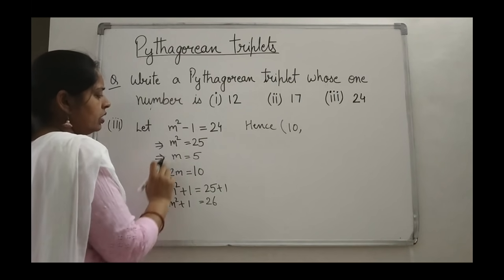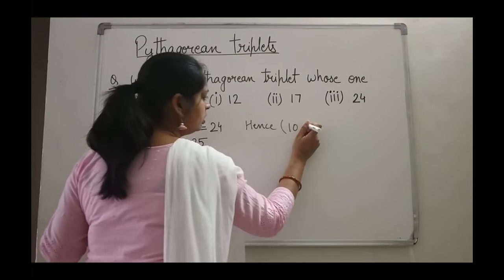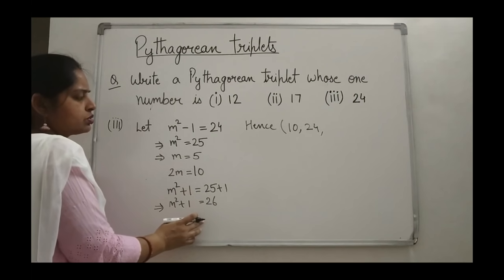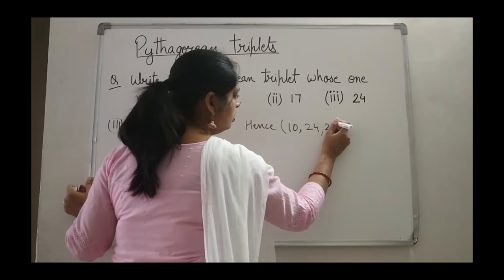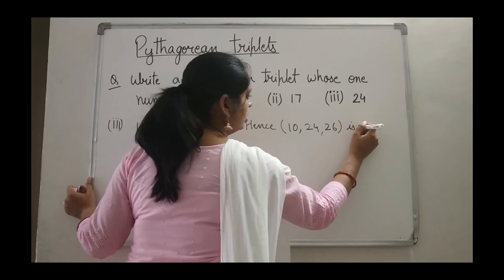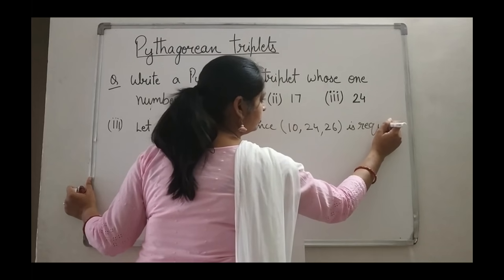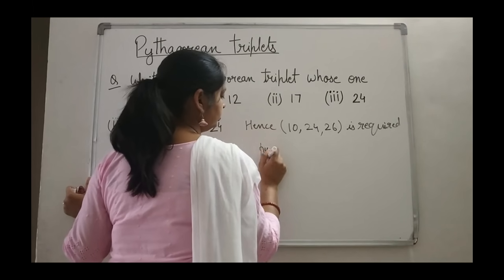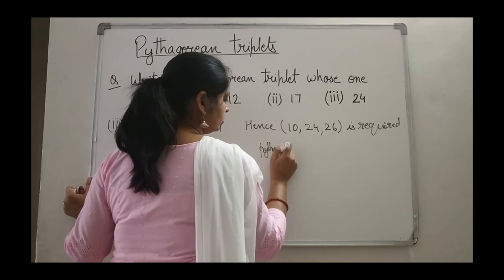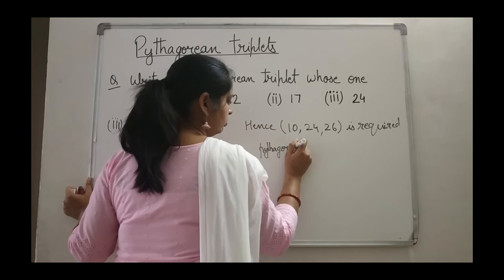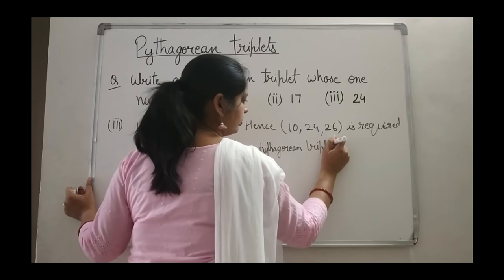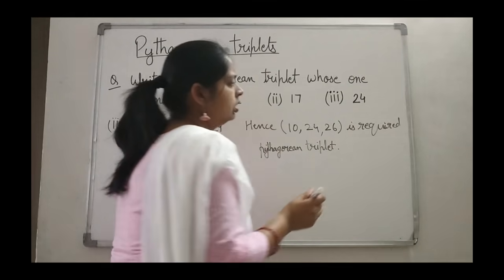Then m square minus 1, that is 24, and third is m square plus 1, that is 26. So this is the required Pythagorean triplet.